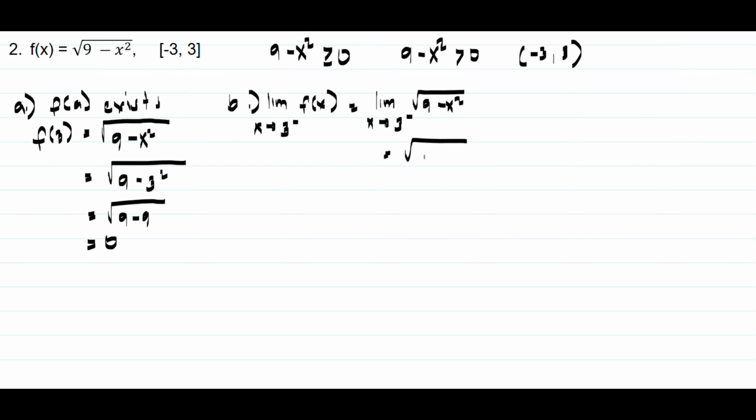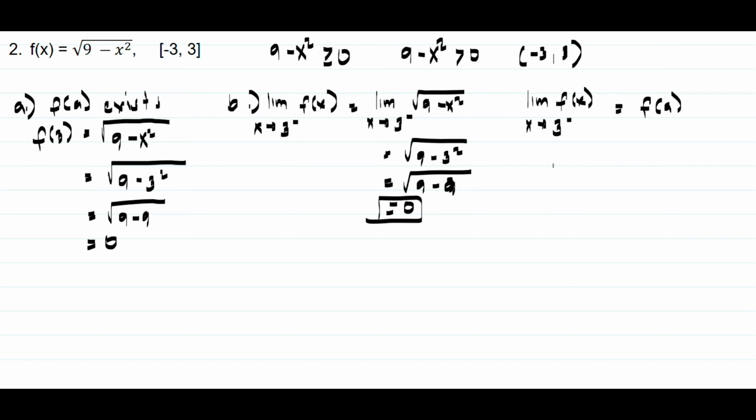This will give us 9 minus 3 squared, and that is 9 minus 9, that is 0. So as you can see, the limit of f of x as x approaches 3 from the left is equal to f of a. So that means it is continuous from the left at 3.